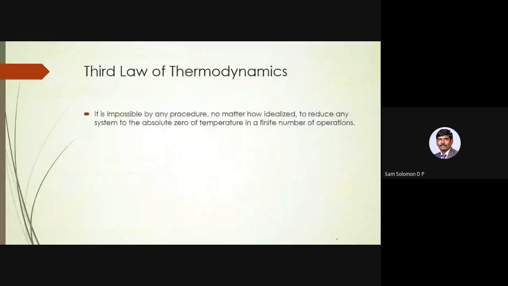The third law of thermodynamics tells us it is impossible by any procedure, no matter how idealized, idealized meaning standardized, to reduce any system to the absolute zero of temperature in a finite number of operations. That is what we tried to do in the previous case.